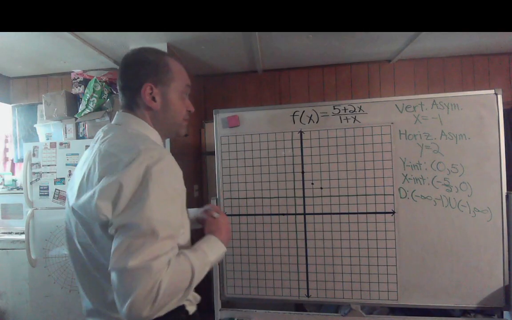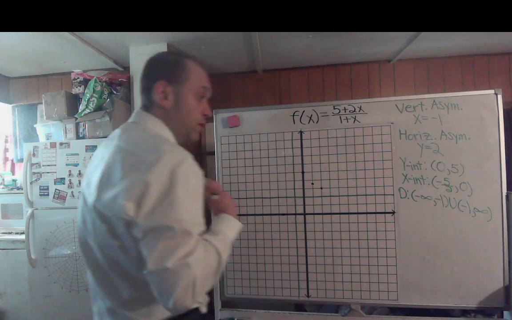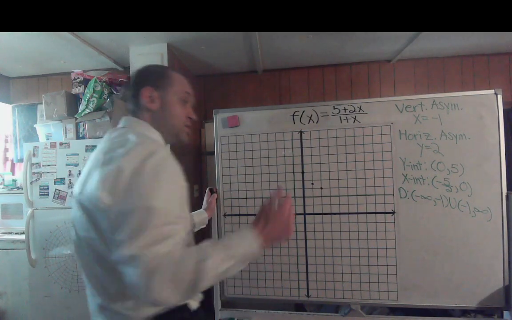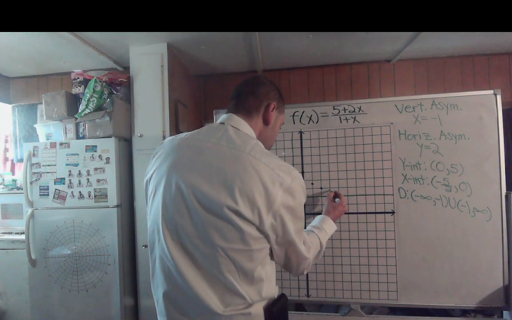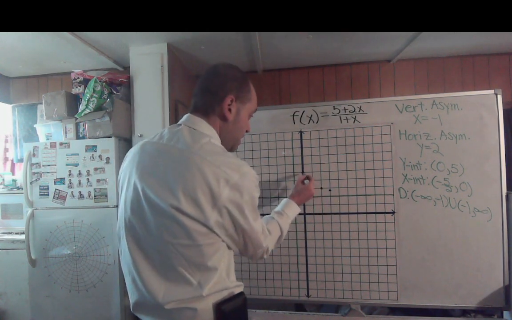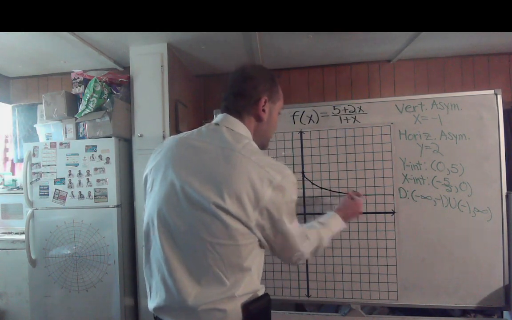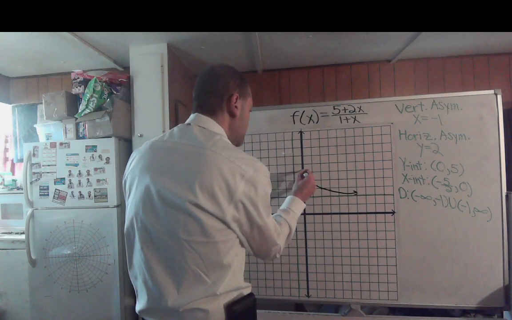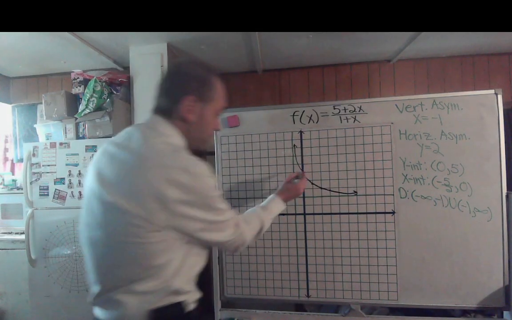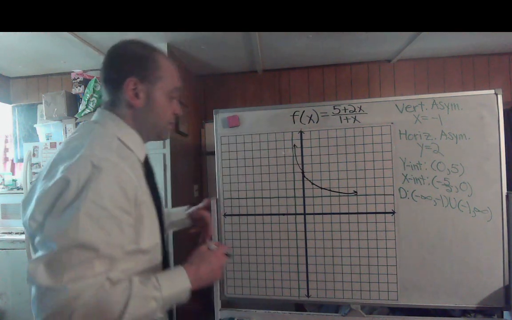Let's put in 3 for x, so you would end up getting 11 over 4, which would end up being 2 3/4. So you see, you're getting gradually closer and closer to that y equals 2 line. So your graph is going to look a lot like this. It'll get infinitely close to a y value of 2 without actually reaching it. And then the further left you go of that y-intercept, the higher your y values go.